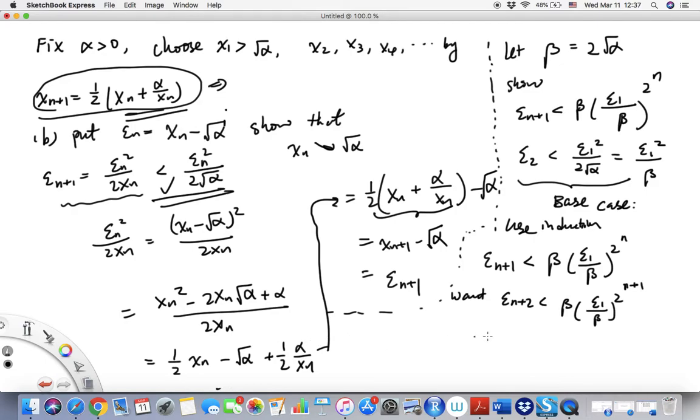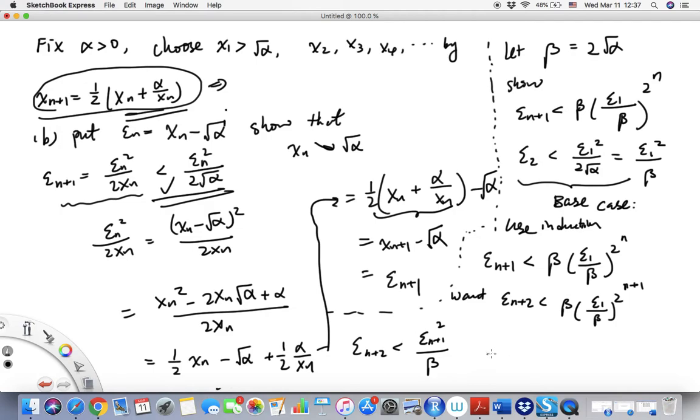So how do we do that? Well, epsilon n plus 2 by this relation is less than epsilon n plus 1 squared over beta.